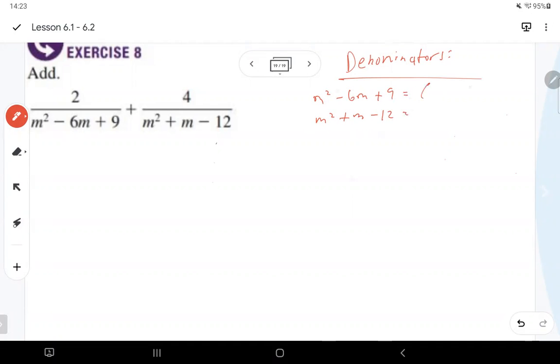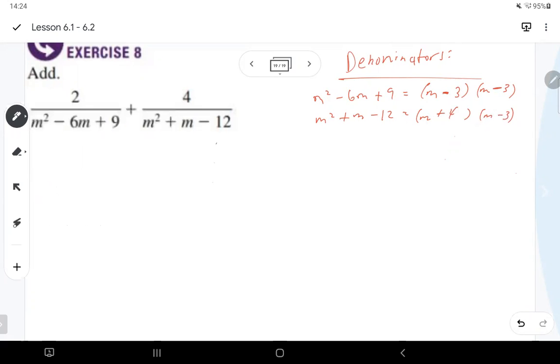That's going to become the m split. You need factors of 9 that'll add or subtract to give you 6, so that'll be a minus 3 and a minus 3. And you need factors of 12 that'll give you a 1 in the middle, so that's a plus 4 and a minus 3.